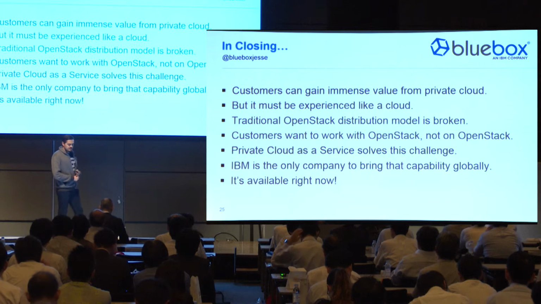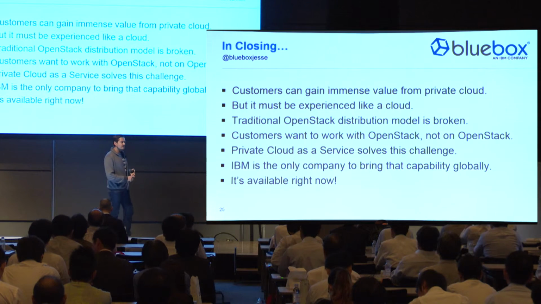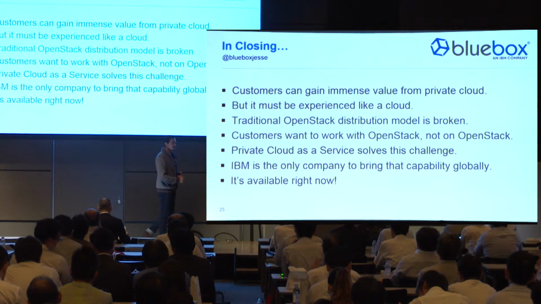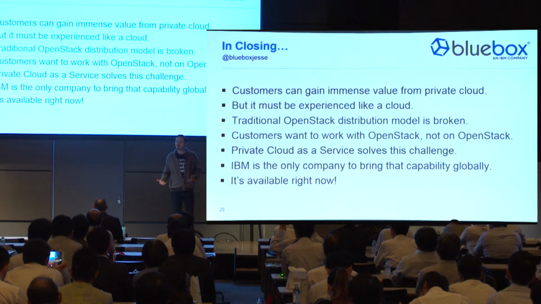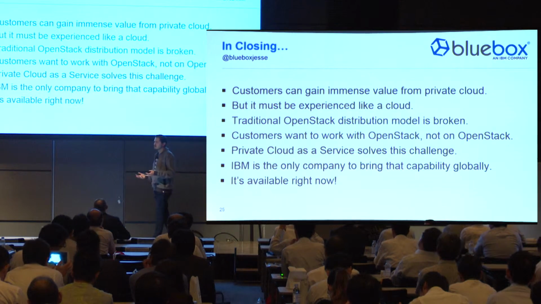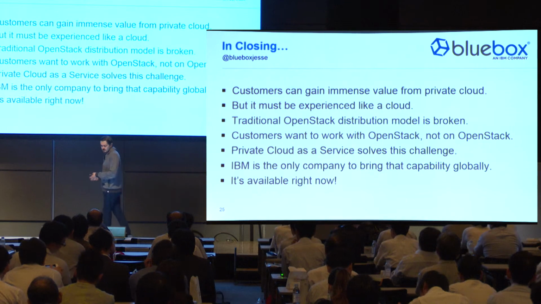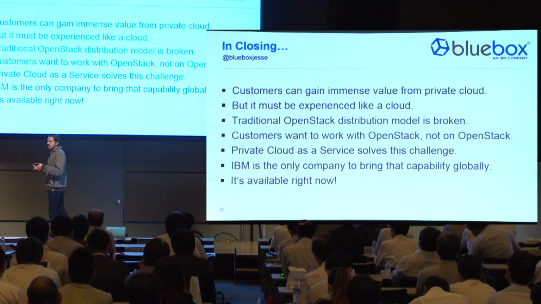So in closing, OpenStack provides customers immense value. Private cloud provides customers immense value. But the distribution model that has historically supported OpenStack installations is flawed. And it's flawed because customers generally aren't successful when the operations of that cloud fall in their lap. Customers want to work with OpenStack, not on OpenStack.